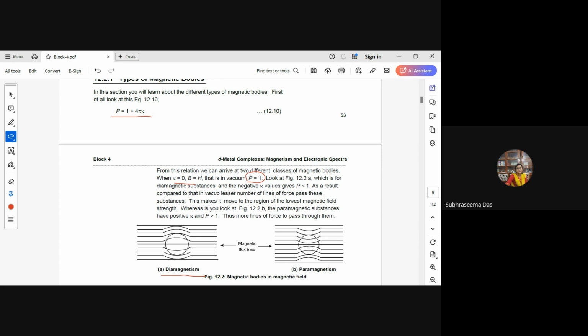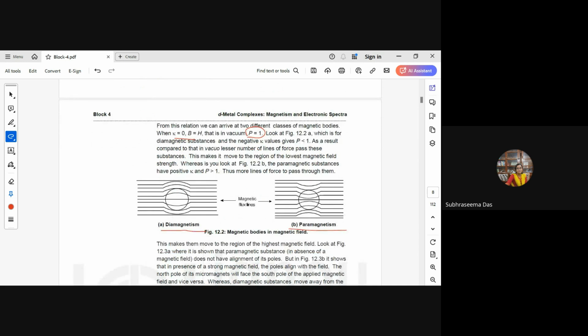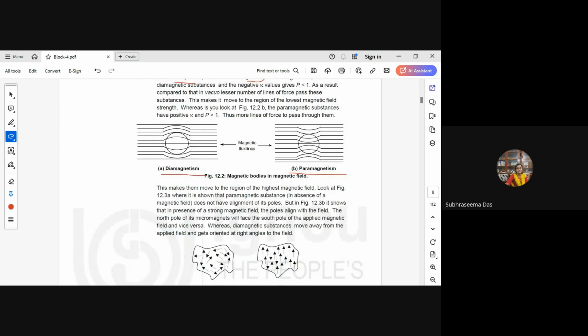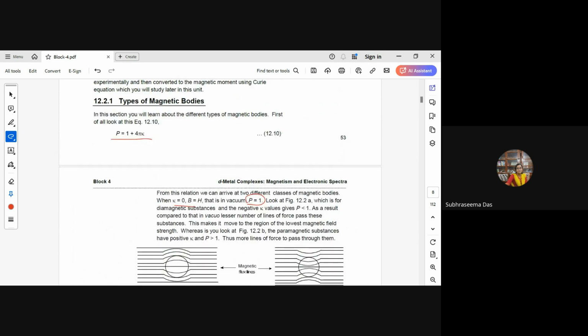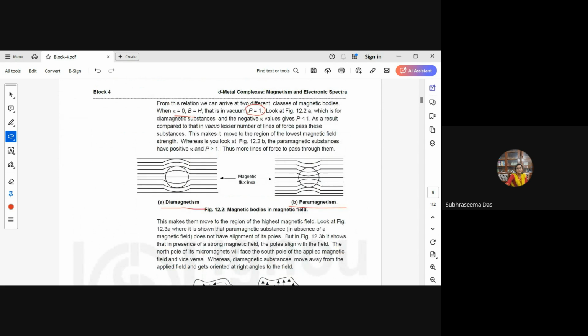Similarly, in figure 12.2b, this is an example of a paramagnetic substance where the magnetic permeability is greater than 1, and we can see that more lines pass through it. So based on magnetic permeability and equation 12.10, two classes of magnetic bodies have been defined: diamagnetism and paramagnetism.